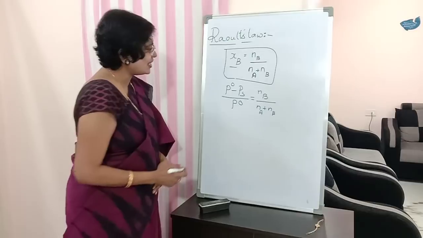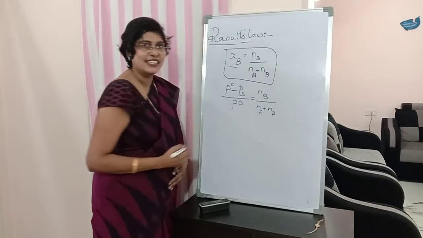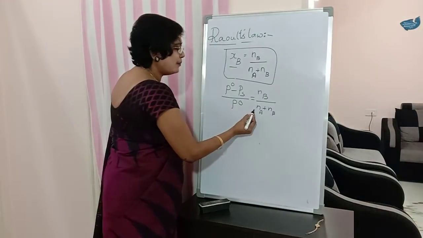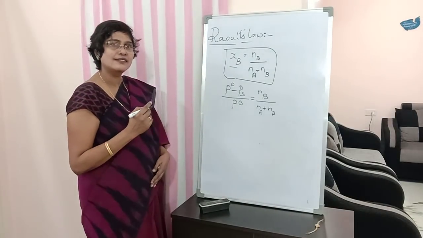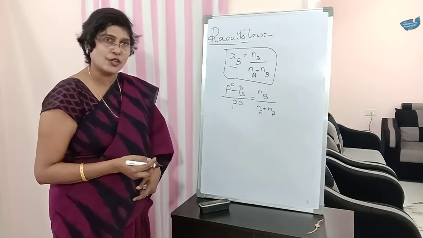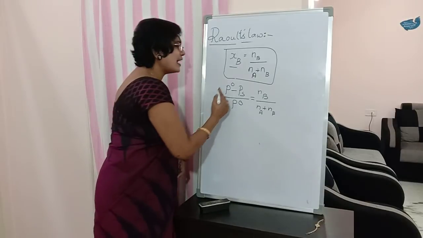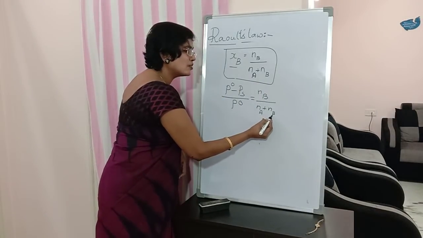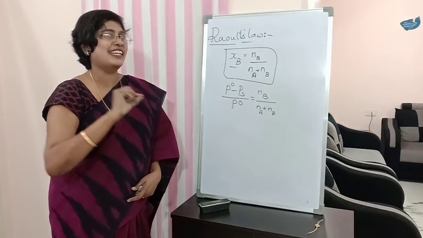Now the question comes here. In the denominator, what is there, students? Na plus Nb. Na means the number of moles of solvent, Nb means the number of moles of solute. As we are dealing with dilute solutions, the number of moles of solute will be very less.